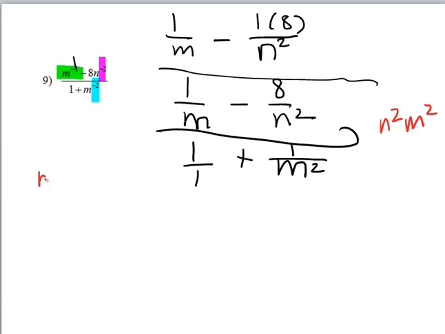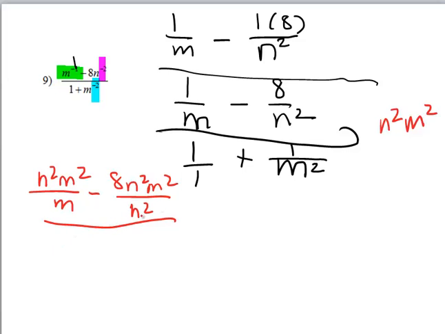So 1 times n squared m squared over m minus 8 times n squared m squared over n squared. Whoops, sorry, got carried away. n squared all over, remember that guy's a 1, so n squared m squared over 1 plus n squared m squared over m squared. Now we get to cancel.